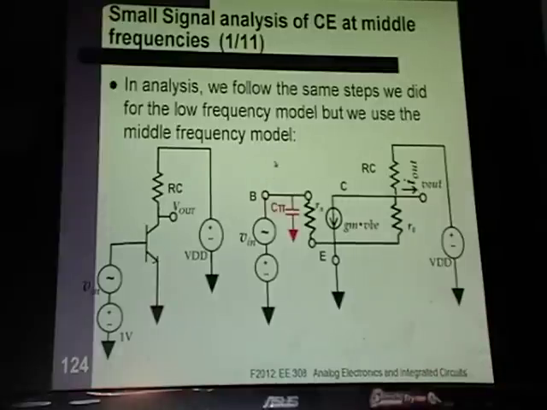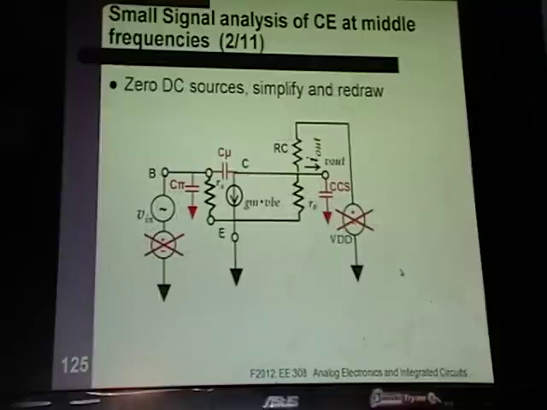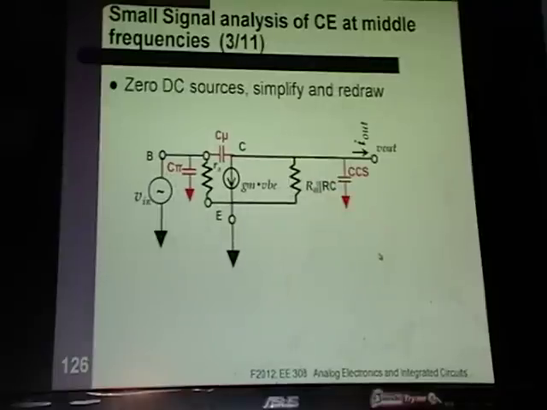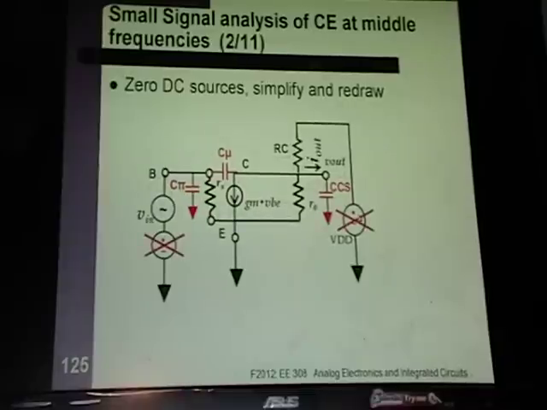Okay, but now, since we're going to be dealing with higher frequency stuff, we need to add in the capacitors. So we've got one here, that's your CBE, here's your CBC, and then we have the CCS to ground. Okay, you do the same thing. You zero DC sources, and after you zero DC sources, you can see that RC is in parallel with RO, all going to ground here.